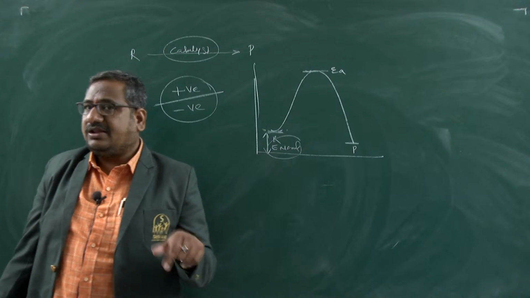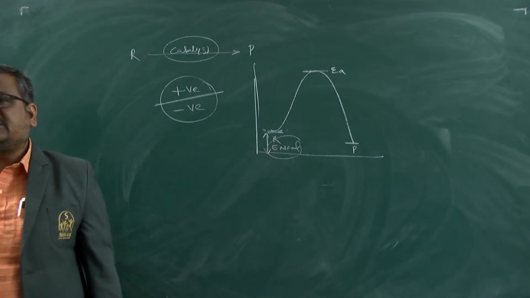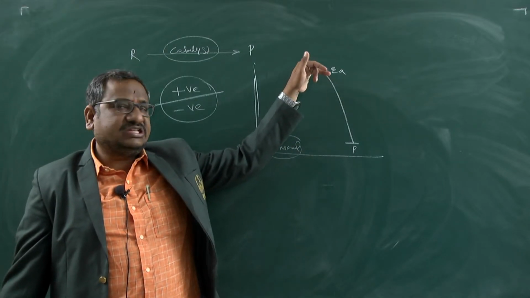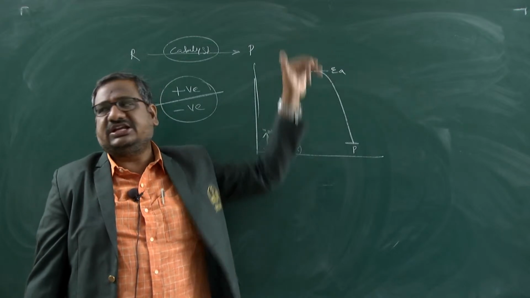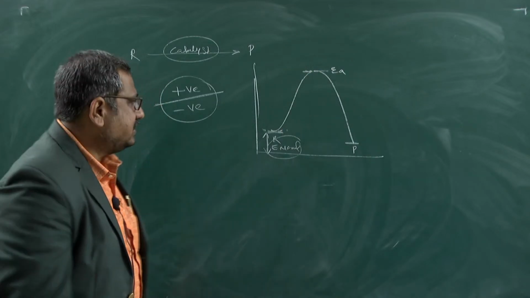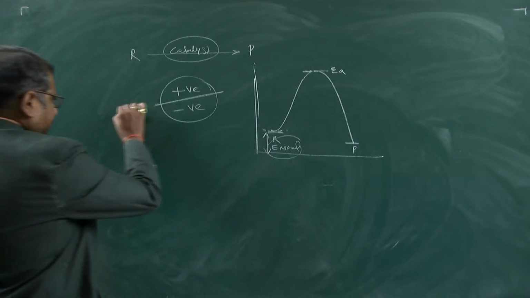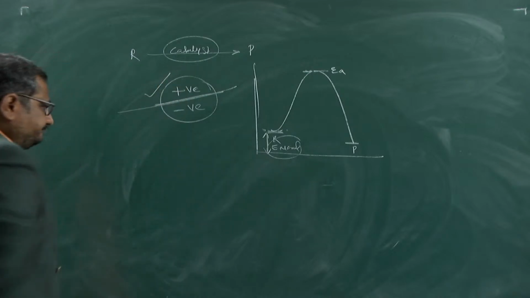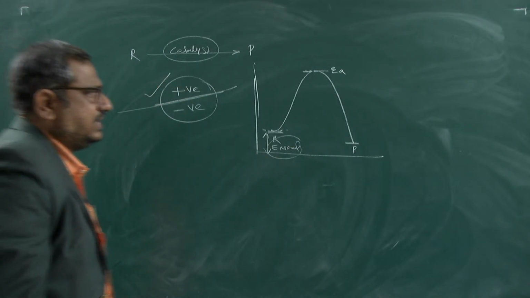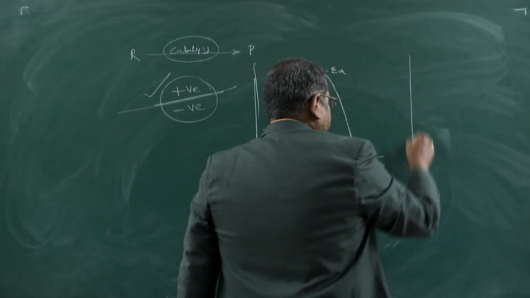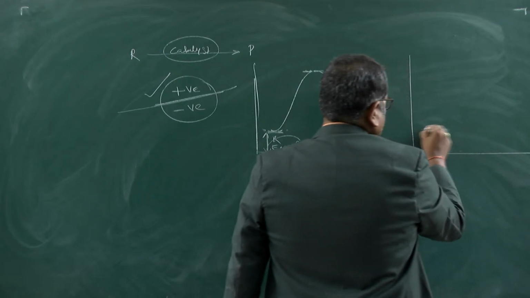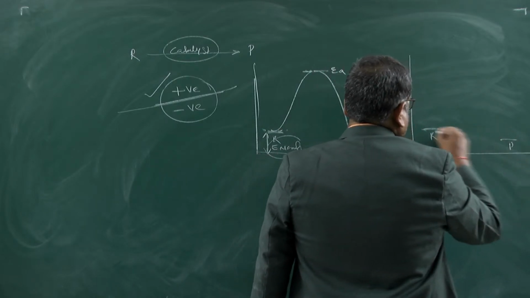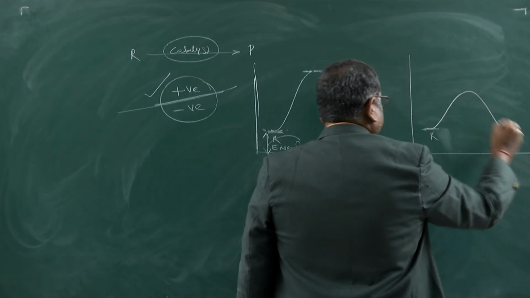So, here what is the use of catalyst? If you use a catalyst, the activation energy will either decrease or increase. Based on the decrease and increase, the catalysts are of two types. If you are using positive catalyst, when the reactants convert as product, the activation energy will decrease.